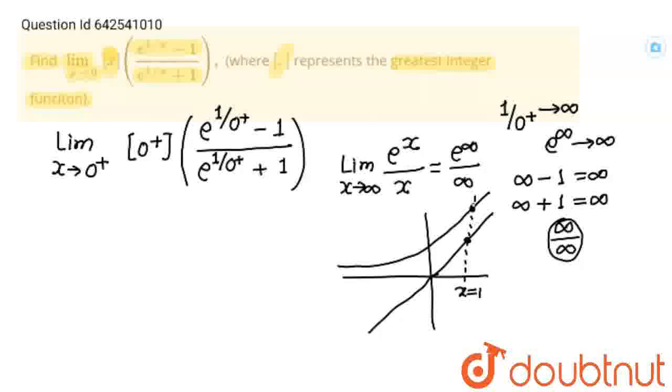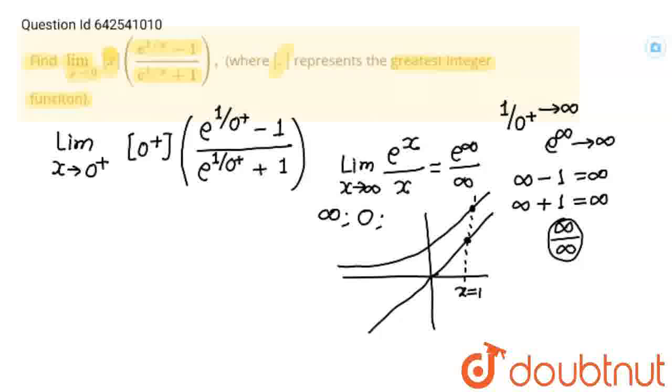Of course, this point will be greater. So at infinity, this curve is above. It means that this infinity will be greater than this infinity. So when numerator infinity is greater than denominator infinity, answer is infinity. When numerator infinity is less than denominator infinity, answer is 0.